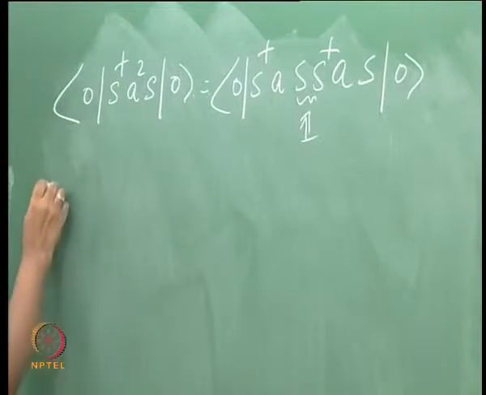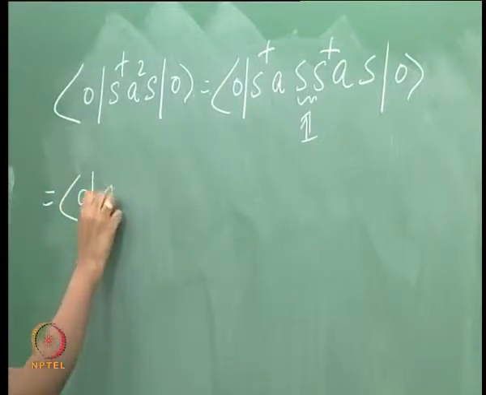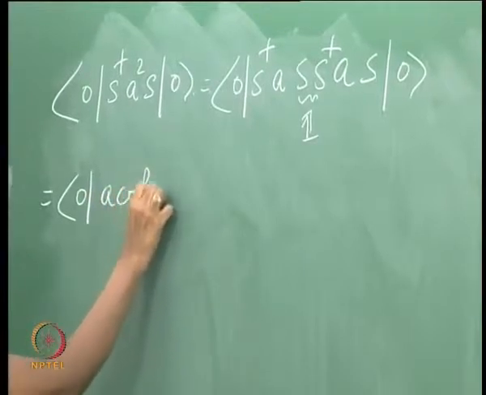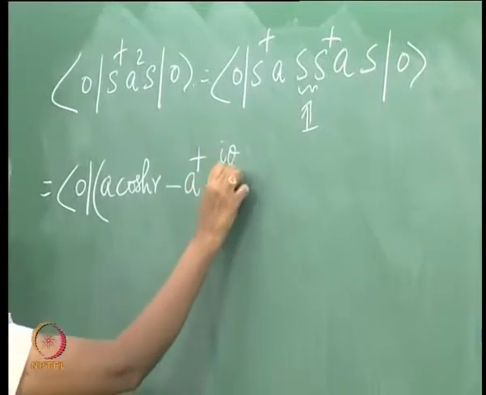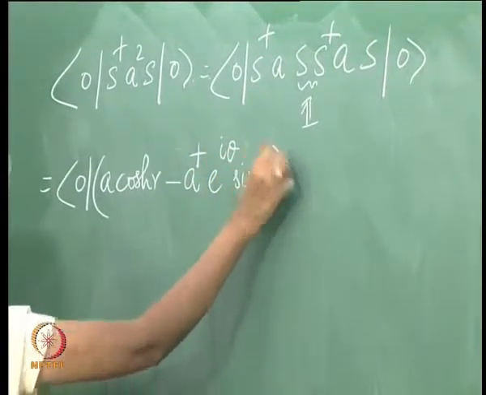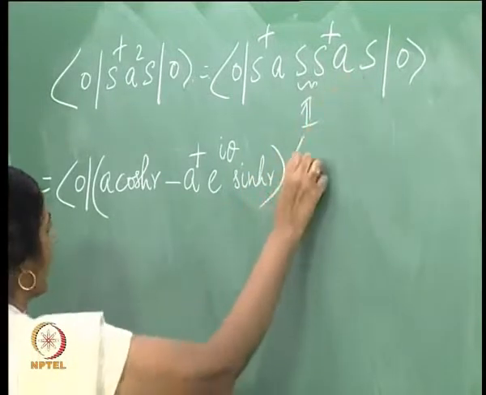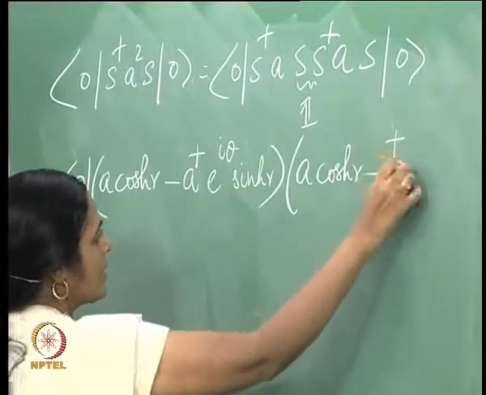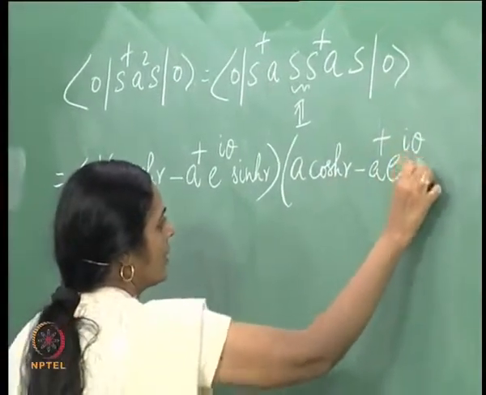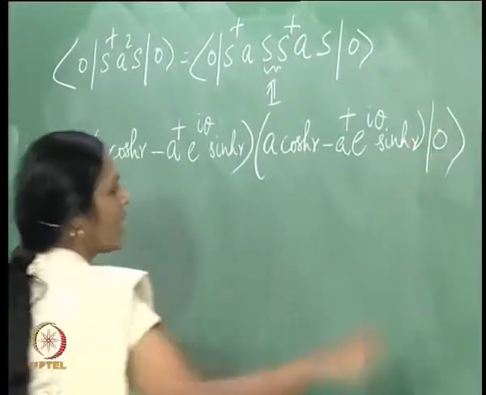But I know what S dagger A S is, and therefore, this is A cos hr minus A dagger e to the i theta sin hr. That repeats because there is another S dagger A S here. So, that is an A cos hr minus A dagger e to the i theta sin hr acting on ket 0.